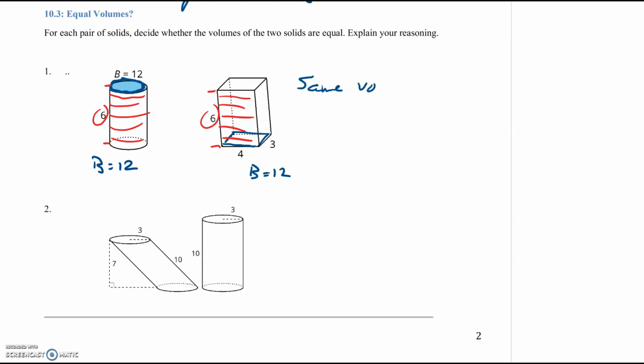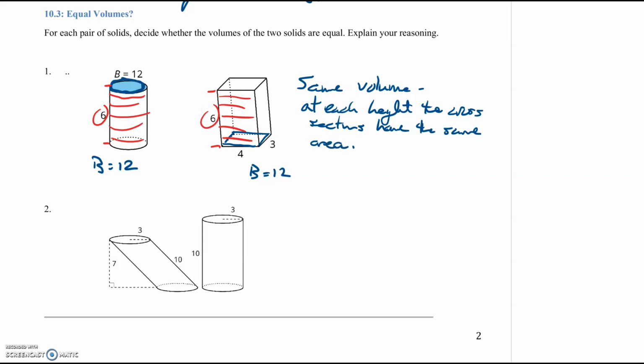Okay, and here's why. At each height, the cross sections have the same area. What we want to do is look at the cross sections for each individual height as you move up.